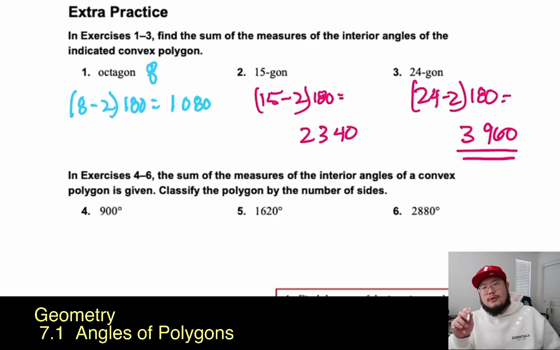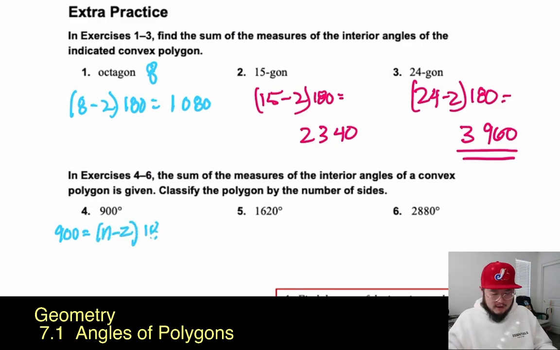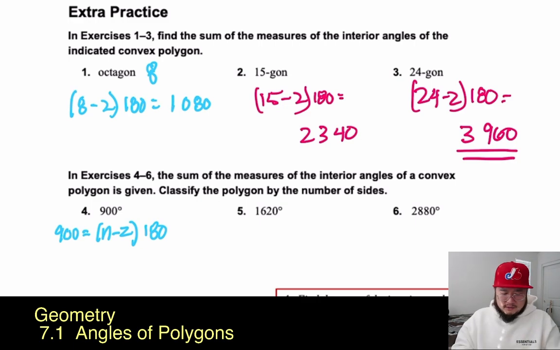And then after that, you can use the n-gon equation. This time, since they gave us what the angles all equal, we'll take our 900 and set that equal to n minus 2 times 180, and then solve for n. Pretty simple.